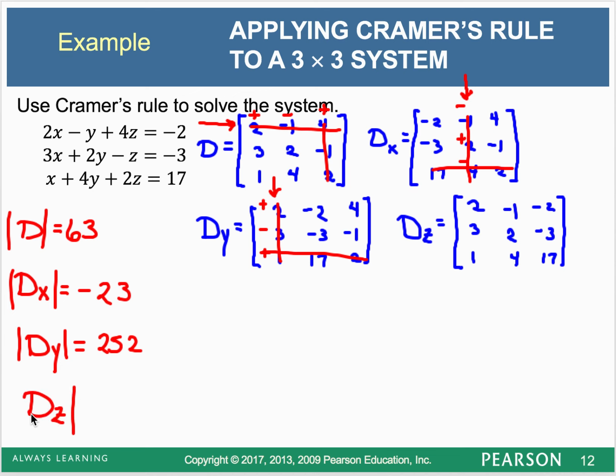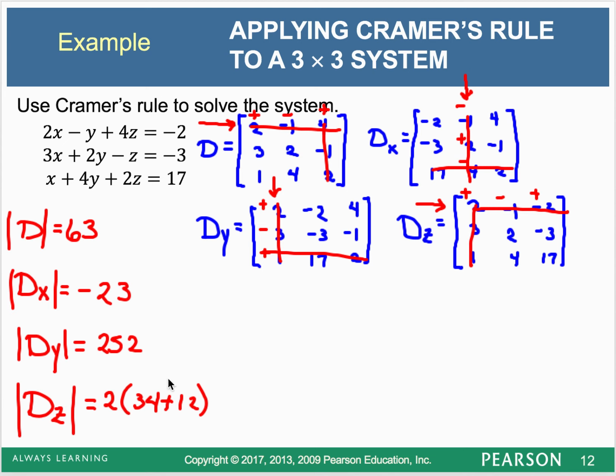Okay, and d sub z is, let's just go across this first row again, because with my signs that'll be positive. So plus, minus, plus. I'm going to start with a 2. So 34 plus 12, and you can do that in one step.